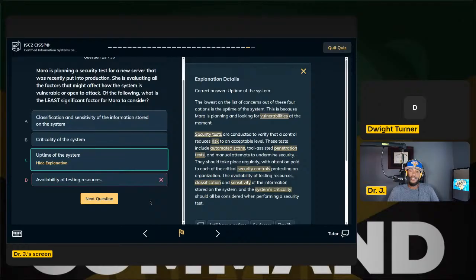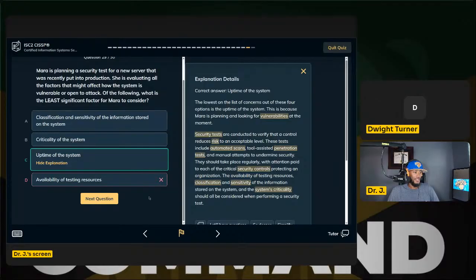They kind of get you with the least significant. It's not that it's not important, it's just all that other stuff outweighs it. No, I get that. I still think that's important.